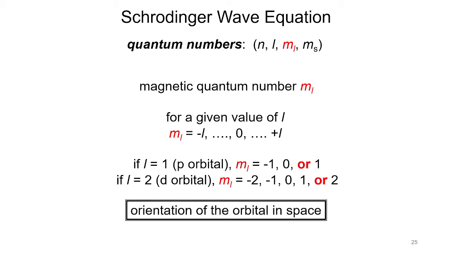So, what is represented by that? Ibig lang sabihin yan, kapag meron tayong p orbital, meron tayong tatlong orientation sa space. This is for L equal to 1.